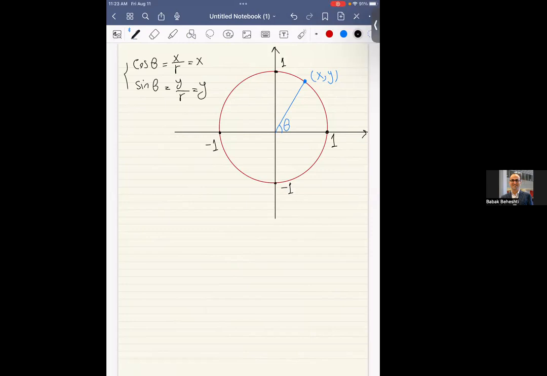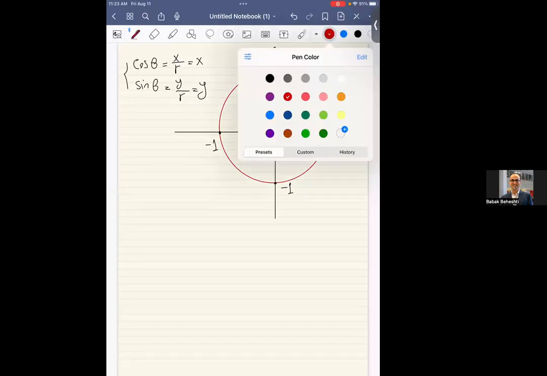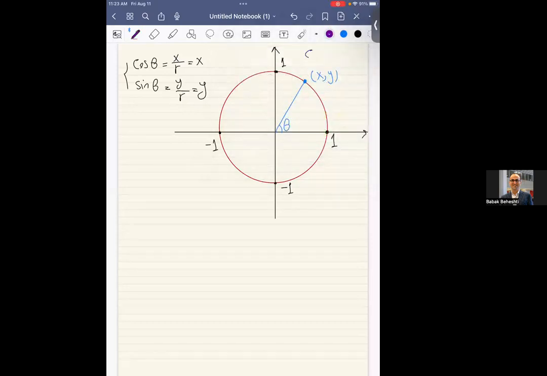Now, in the first quadrant, x and y are both positive, right? So both cosine and sine are positive in the first quadrant. Cosine theta positive, sine theta positive.